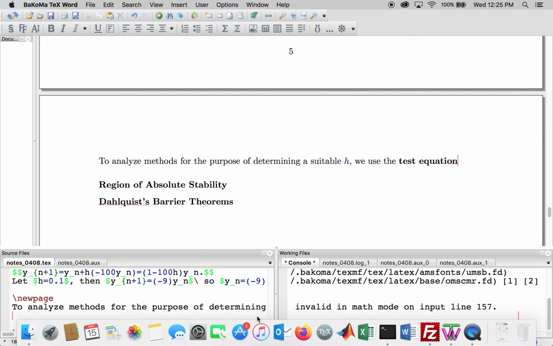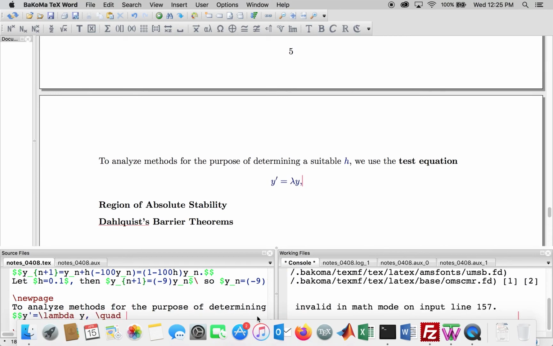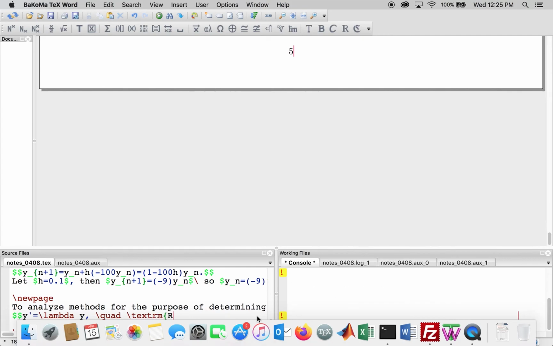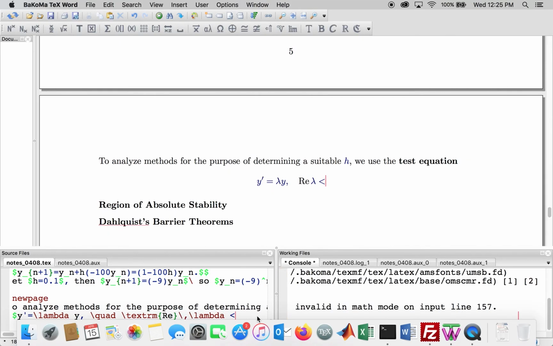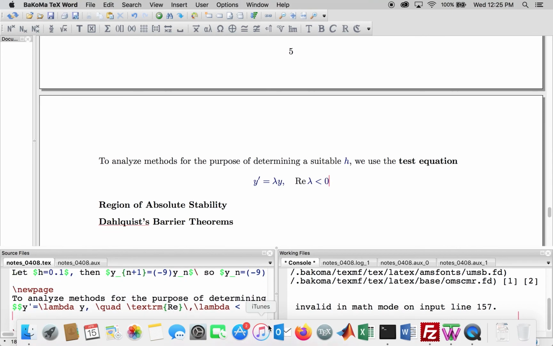A very simple ODE: y prime is equal to lambda y. Lambda is a constant, and we assume the real part of lambda is negative, so that we know the exact solution is going to decay to 0 as t goes to infinity.